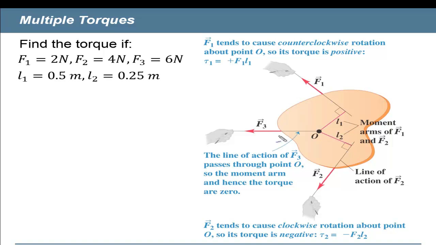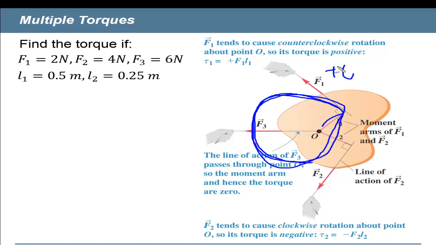Well, for the torque created by F1, first off, we need to say, is that positive or negative? So I look at this here and I say, well, it has to be causing a rotation around like this, right? It's to the right side of it, so it must be going over to the left. So this is going to be a counterclockwise rotation, which is a positive torque.